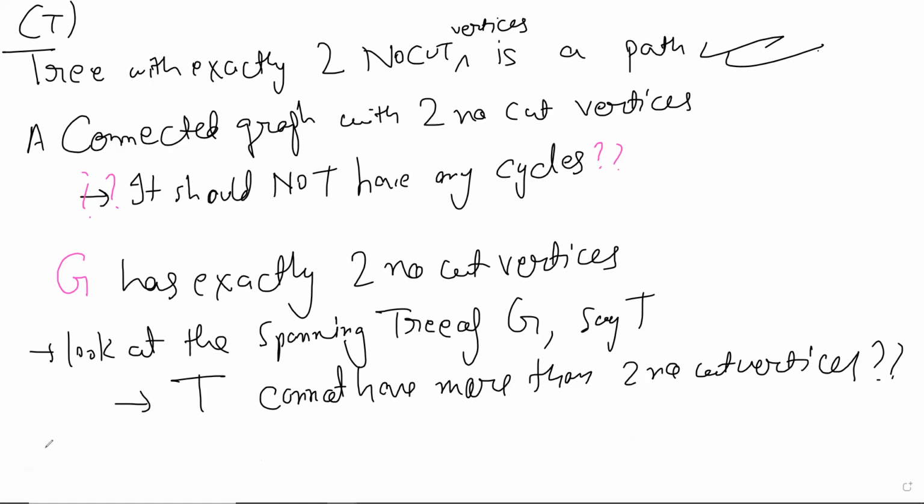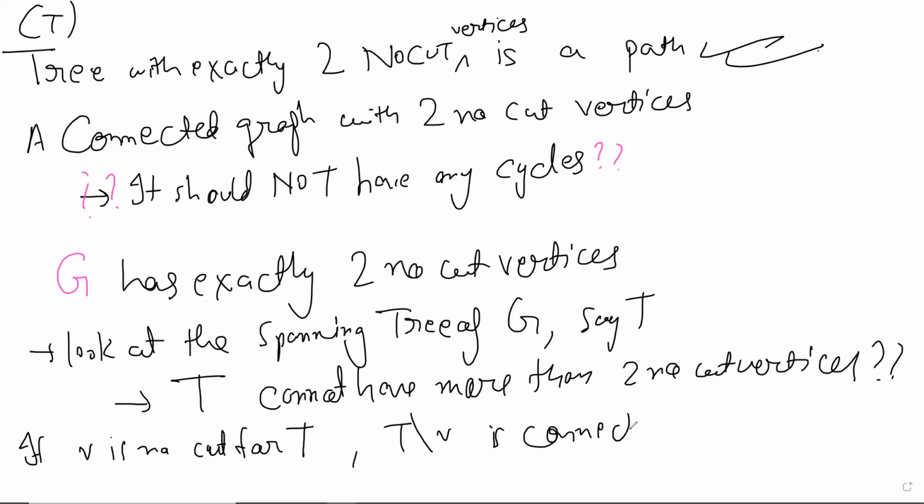No, because if V is no-cut for T, it means that T minus V is connected, and then G minus V is obviously connected.